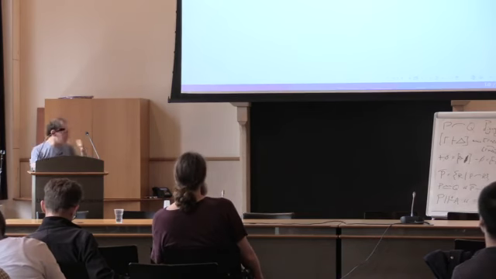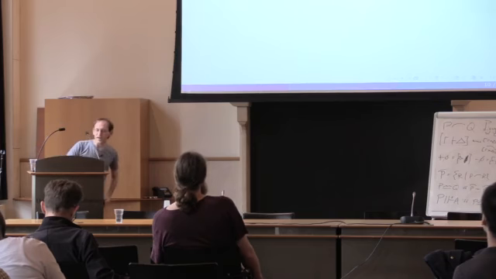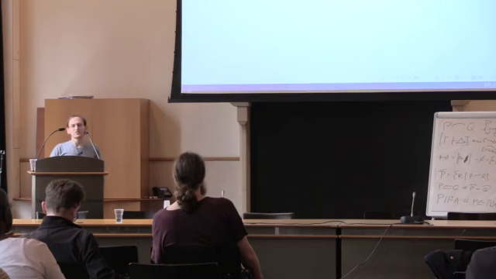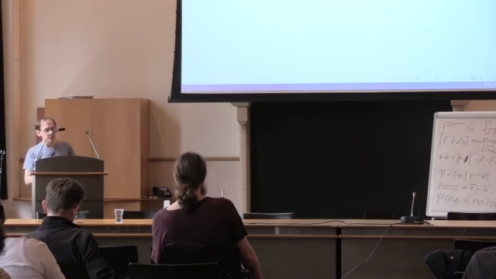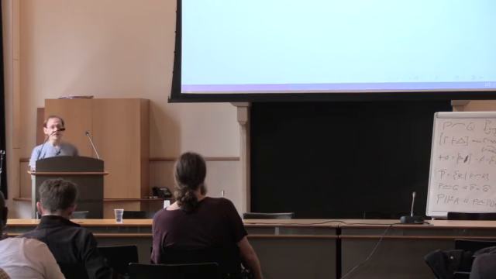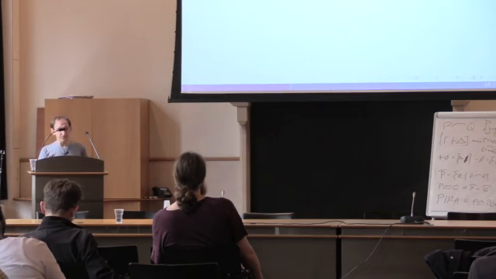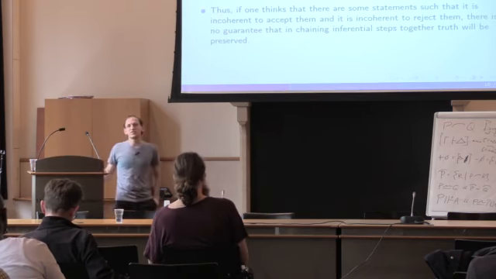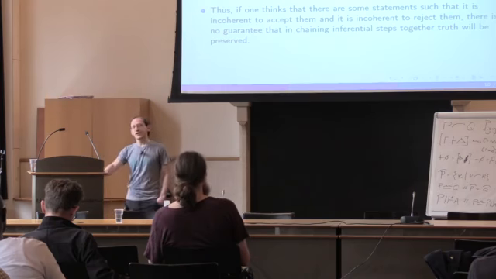Now, again, because of the way in which we are understanding validity, that is in terms of incoherence, the notion of consequence in question will be transitive only if for every statement phi it is either coherent to accept phi or it is coherent to reject phi. If you think that this is not the case, then the notion won't be transitive. And so if the notion is not transitive, then there is a sense in which truth preservation is gone.